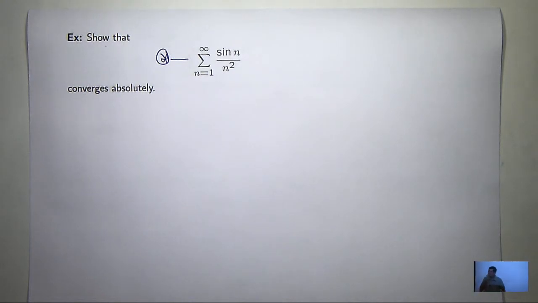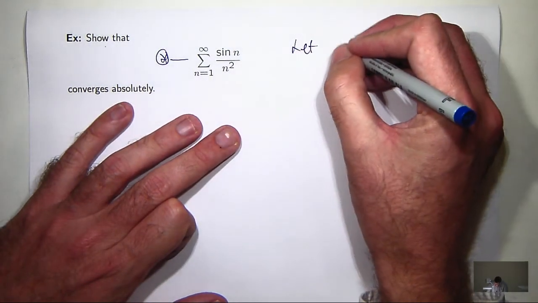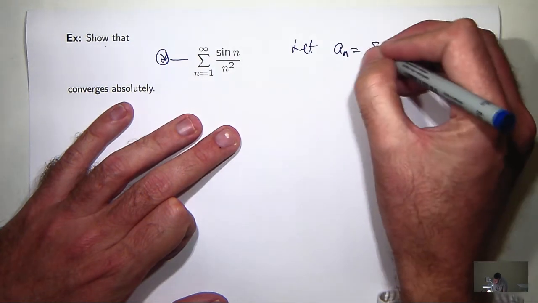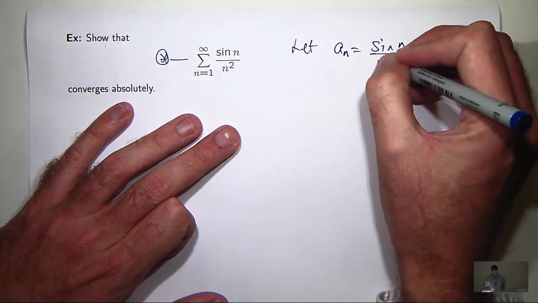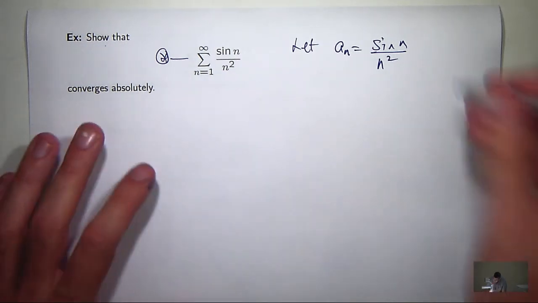Let's have a think about how we can look at this new series and use that past test to help us out here. I'm going to let a sub n equal sine n on n squared, and then I'm going to put some absolute value signs in there.